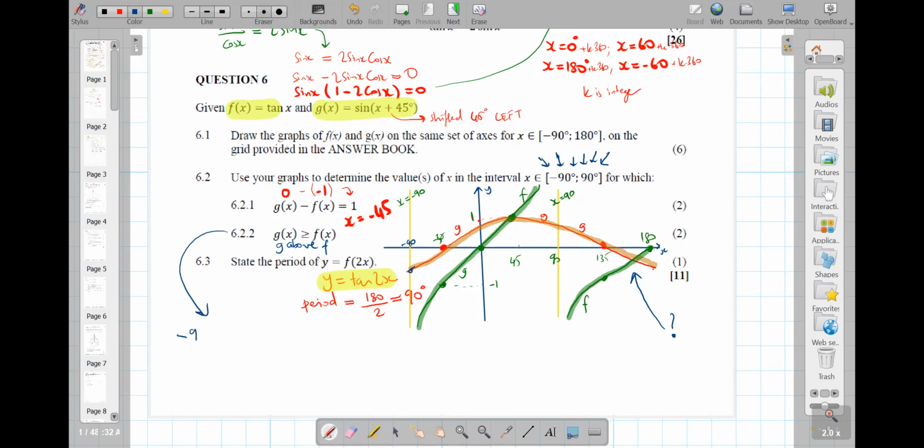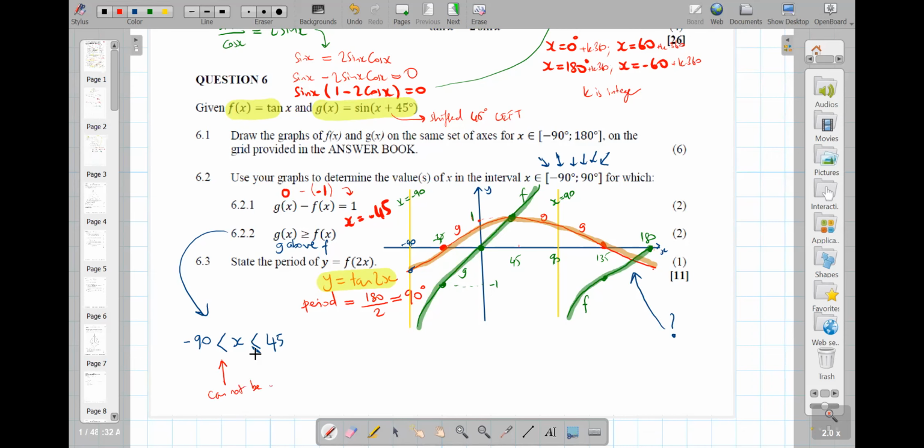Minus 90, you cannot include it because the other graph is undefined. Till when? Till the time they intersect. So they intersect at 45. So the red one is above from minus 90 till 45. Only 45 I can equate, not 90. So that's a small tricky detail. This I cannot make equal 0 because it has an asymptote.